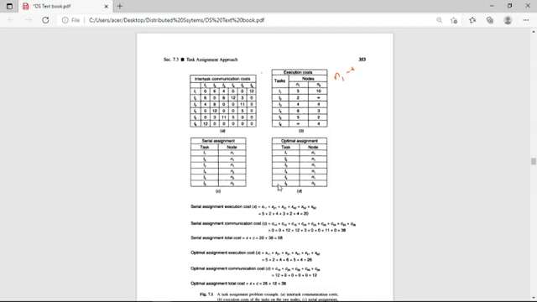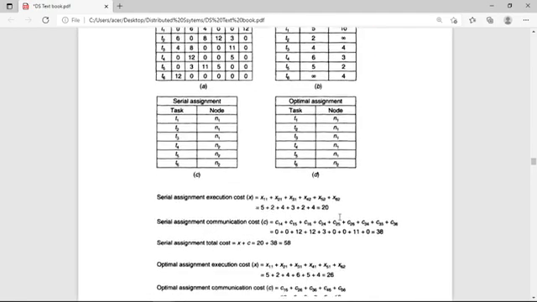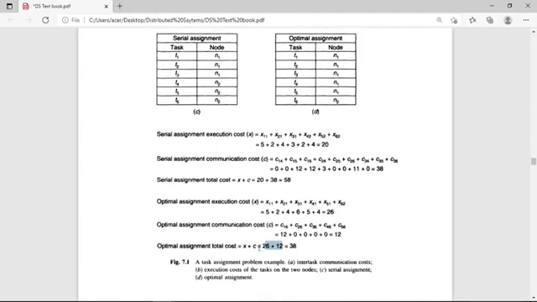Again T2 will communicate with T6 with the cost of 0. Like that, each communication cost adds up to 12. So the total assignment cost is X plus C, that is 26 for the execution cost plus 12 for the communication cost. So if we assign it via the optimal assignment approach, it gives you 38, which is very much less than the serial assignment approach.